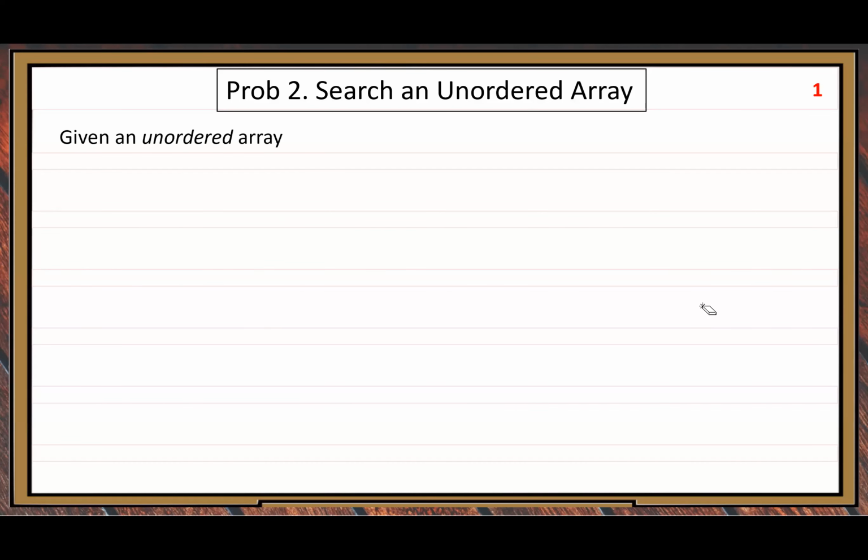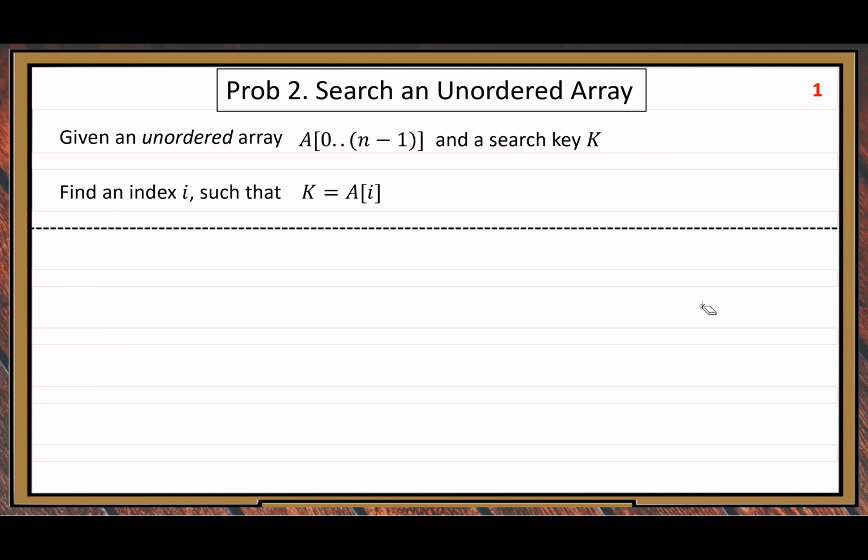First, let me give you the question first. Given an unordered array, we use this array notation, capital A, square brackets, then indices from 0 through n-1. Also, we are given a search key K. The question: find an index I such that K equals A of I. That's the basic search problem.